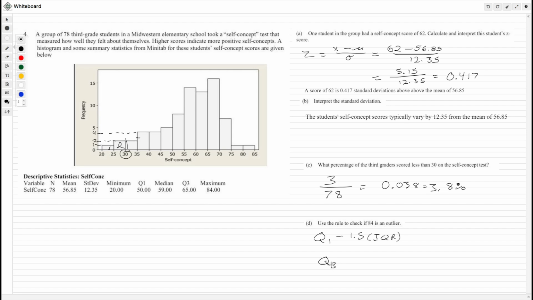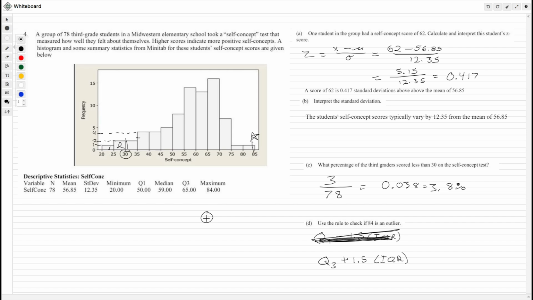Q3 plus 1.5 times the IQR is going to be the upper limit of our outliers. For this problem, since we're dealing with a value at 84, that's about here on the graph. You'll notice we don't need the first calculation. We just need Q3 plus 1.5 times the IQR.